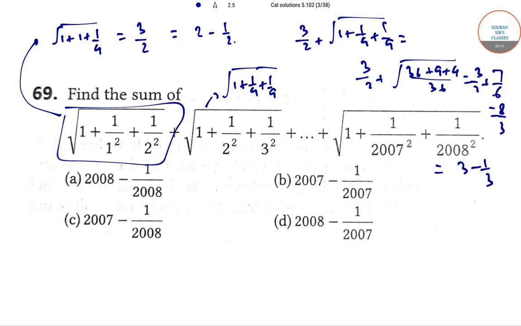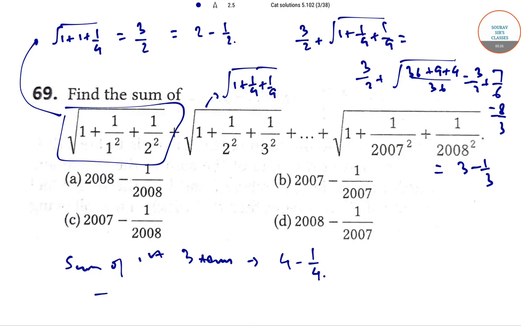Now similarly, if we do the sum of first three terms, it comes out to be 4 minus 1 by 4.